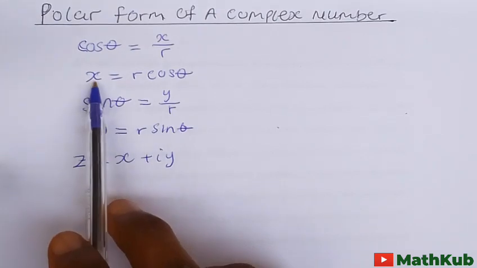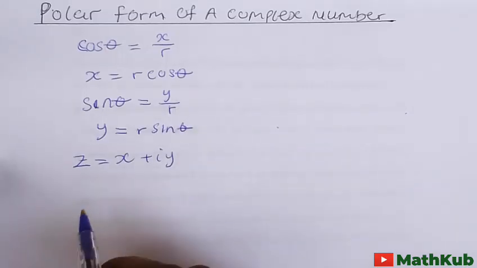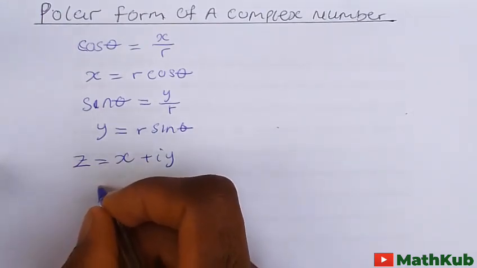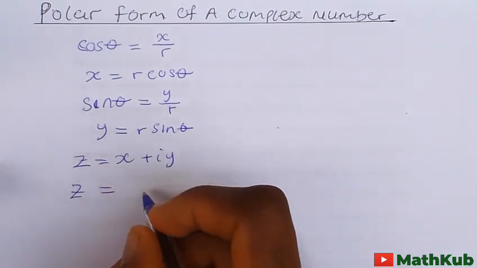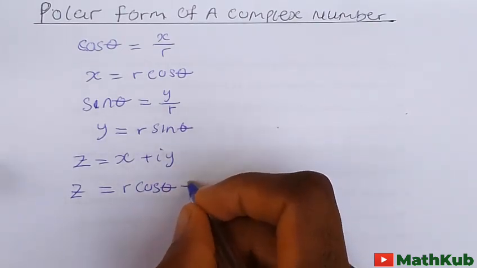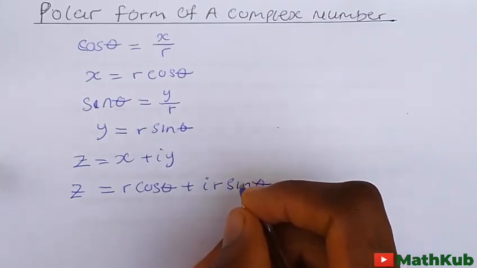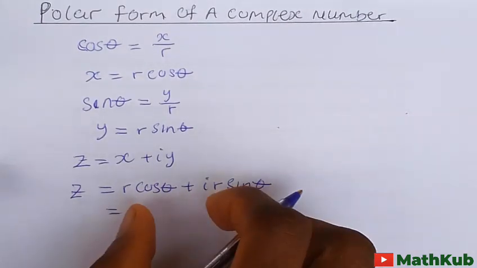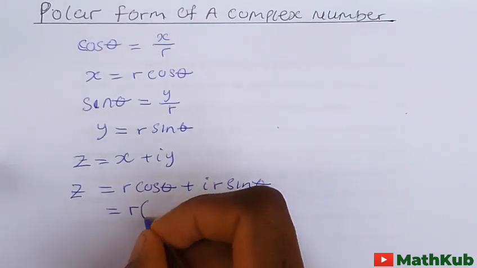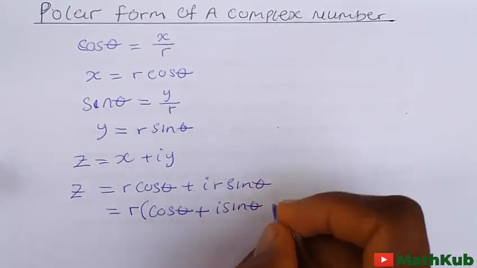Substituting the value of x, which we have as r cos theta, and the value of y, which we have as r sin theta, z will be equal to r cos theta plus i r sin theta, which is equal to, we factorize r, r into cos theta plus i sin theta.